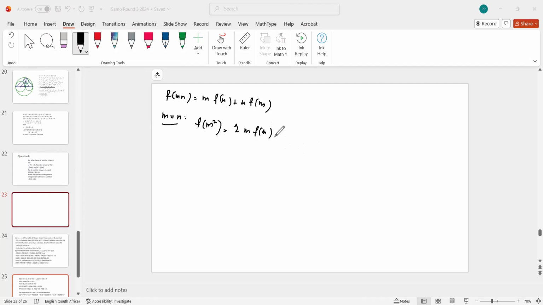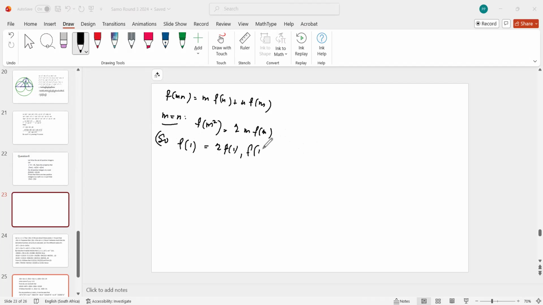Which now tells you that when m equals 1, so I'm going to put this in brackets. In particular, this is a general formula here. If m equals 1, you have twice f of 1 is equal to f of 1.